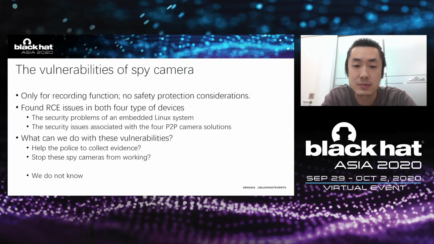We found remote command execution problems in all four types of devices. One part is the security problems of embedded Linux systems, such as weak telnet passwords and FTP servers with root privilege, which are associated with the specific hardware. The other part is the security issues associated with the four P2P camera solutions.